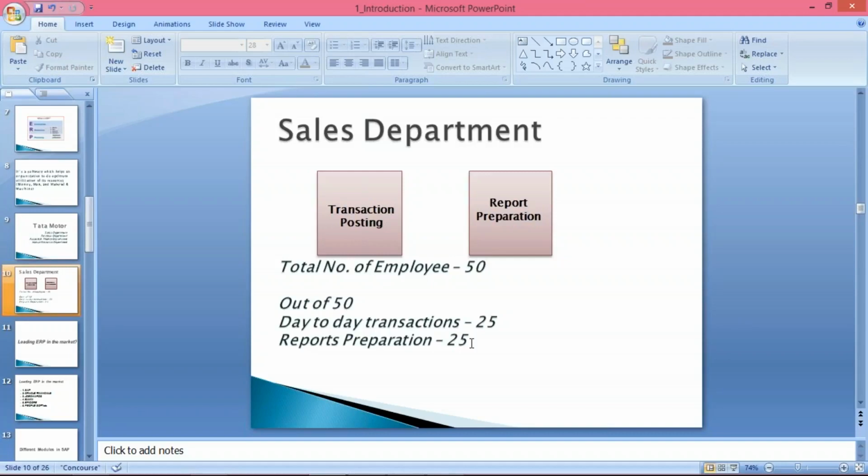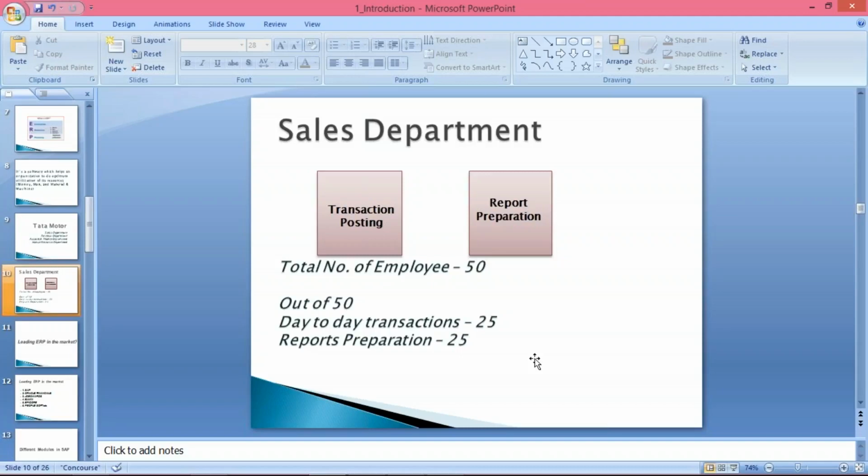SAP is going to prepare the report, and it is updated automatically within a second. So now what will happen? These 25 resources who were required for report preparation are not required. So what will happen now? Tata Motors is going to engage these people in a different activity.